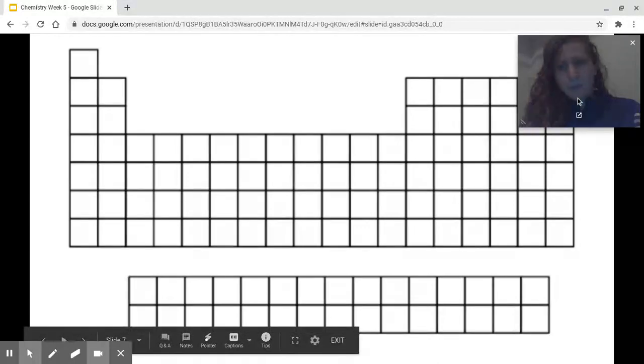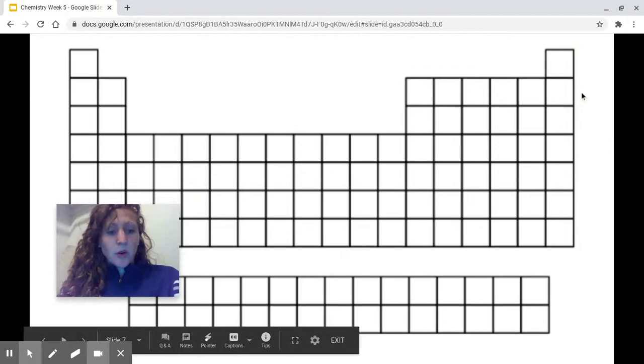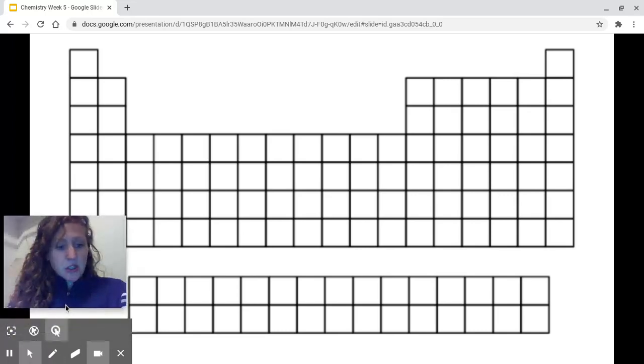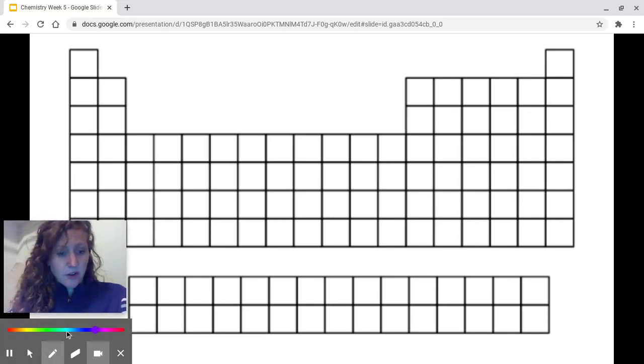But for now, I want to show you one of the cool things about the periodic table and how it can help you. So, in order to show you this tool, I need to first show you how the periodic table is related to electron configurations. So stay with me for a couple minutes.